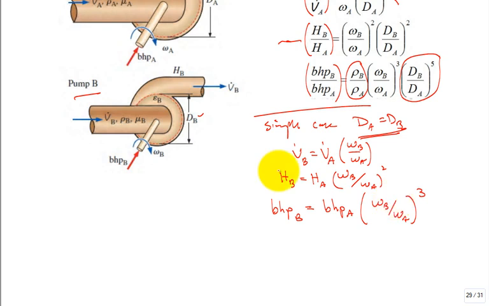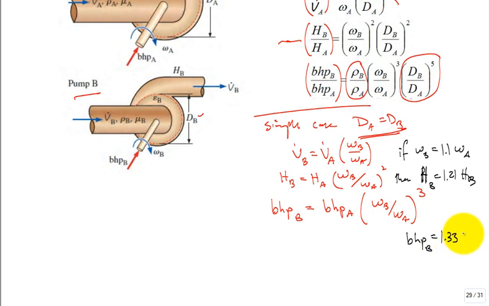So there's a great application: if the speed omega B is equal to 1.1 times omega A, then the head, let me use cap H because they use cap H, of B is equal to 1.21 times H of A, and the brake horsepower of the new case is 1.33 times the brake horsepower of A. There's lots of applications of this.